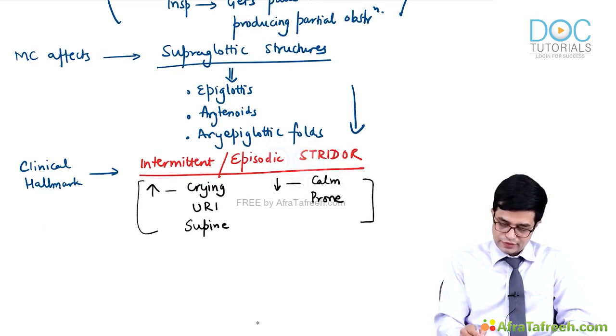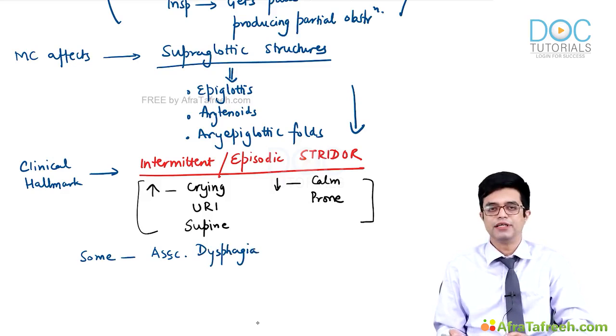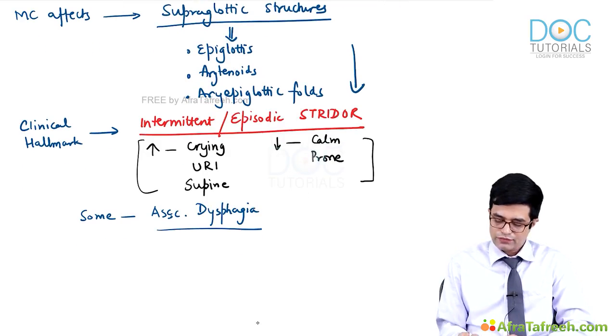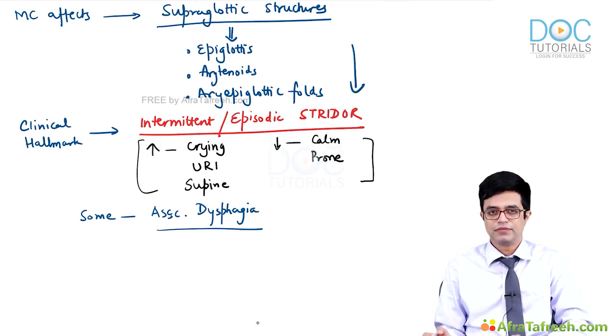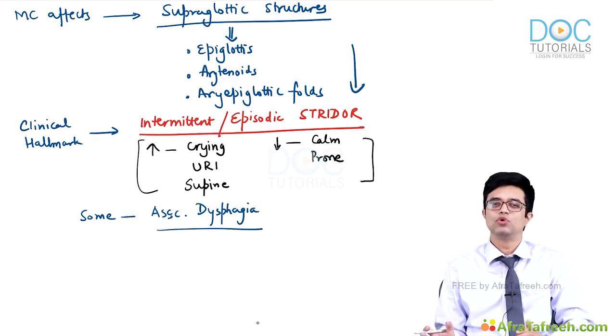Some patients may also have associated dysphagia, but the dysphagia is usually not as severe as the respiratory symptoms. There are many theories for the dysphagia to happen. One of them is that the larynx and upper esophagus arise from a similar structure in fetal life, and so share decreased tone and abnormalities in motility.